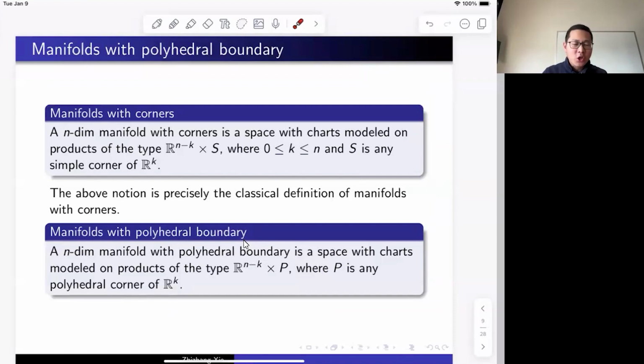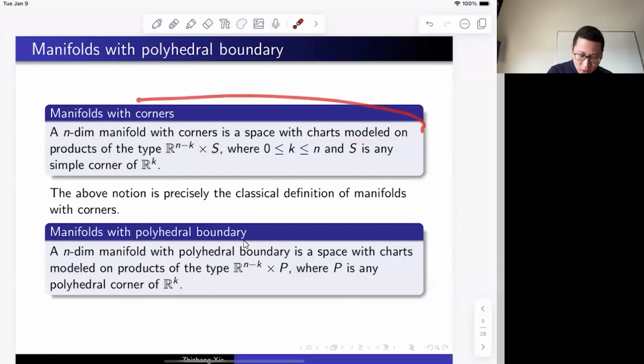So for this talk, when we say a manifold with corners, we really mean an n-dimensional manifold whose charts are modeled on R^(n-k) cross a simple corner.